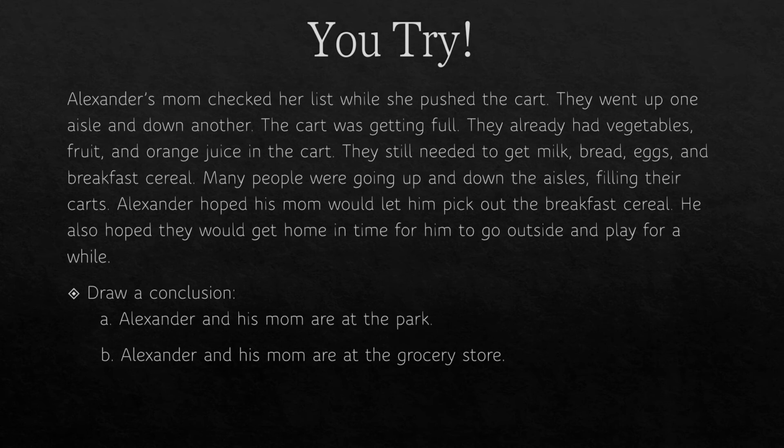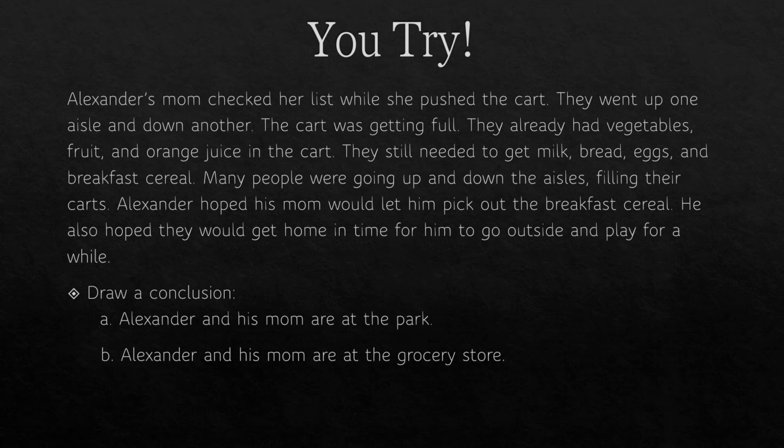They already had vegetables, fruit, and orange juice in the cart. They still needed to get milk, bread, eggs, and breakfast cereal. Many people were going up and down the aisles, filling their carts. Alexander hoped his mother would let him pick out the breakfast cereal. He also hoped they would get home in time for him to go outside and play for a while.